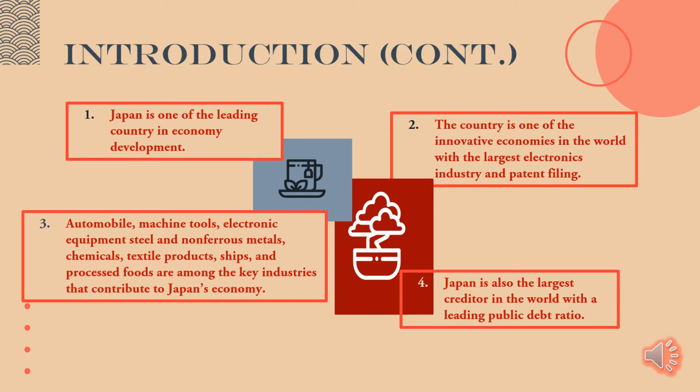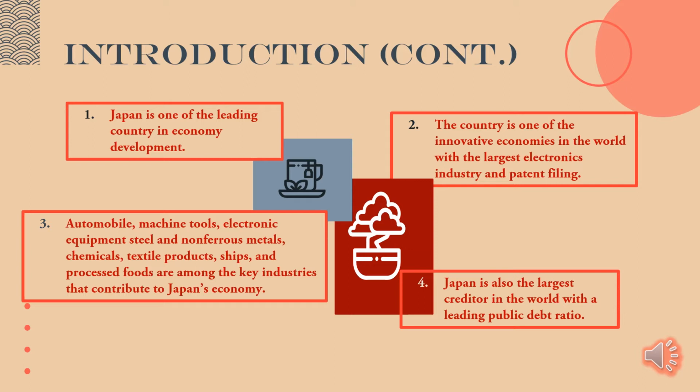Japan is one of the most innovative economies in the world, with the largest electronics industry and patent filing. Automobile, machine tools, electronic equipment, steel and non-ferrous metals, chemicals, textile products, ships, and processed foods are among the key industries that contribute to Japan's economy.